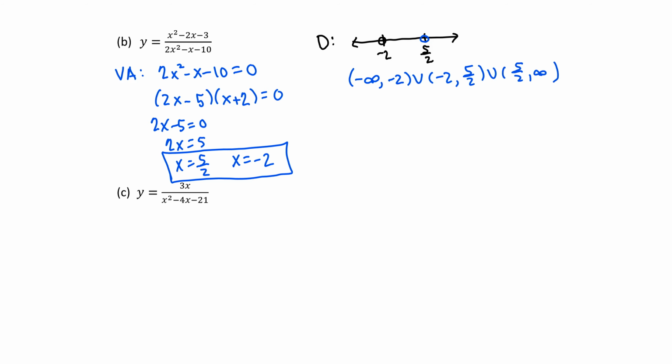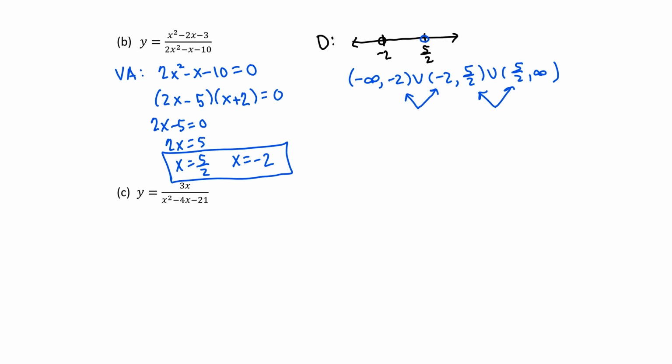So again, at the restricted values of the domain, which we are excluding by the use of our parentheses, that is where the vertical boundary line exists in the graph.